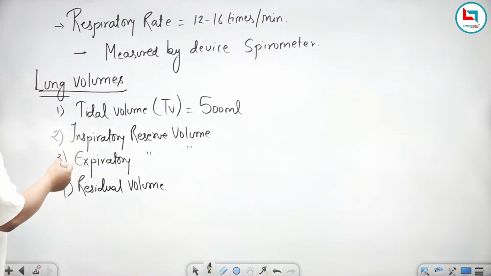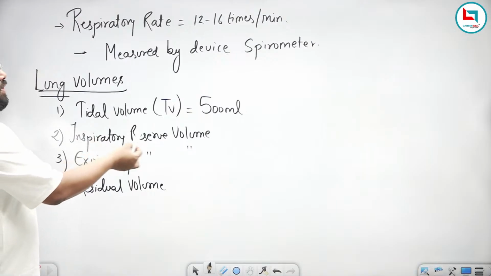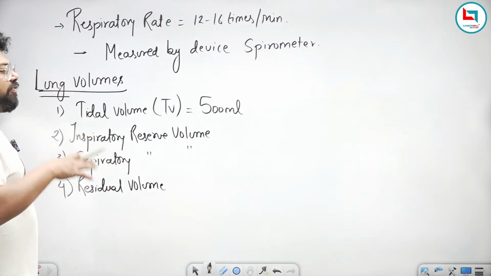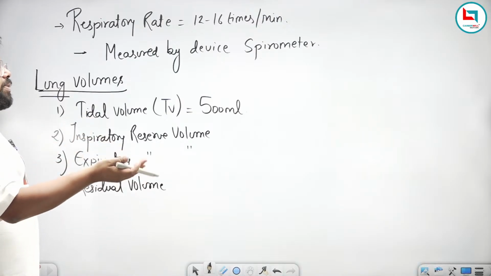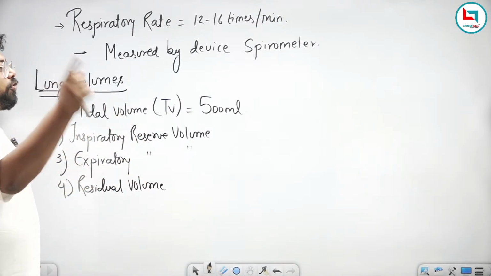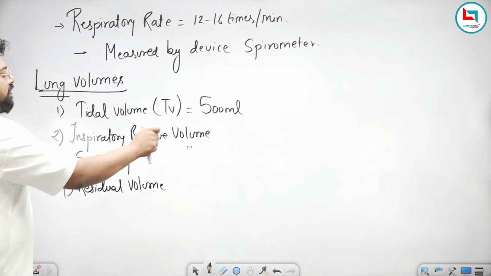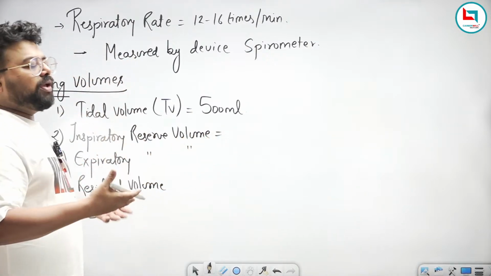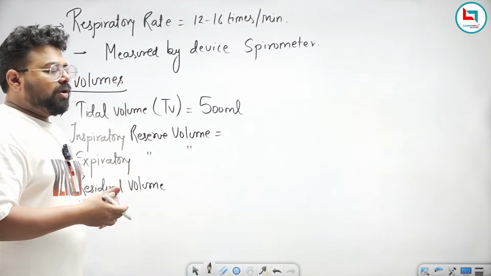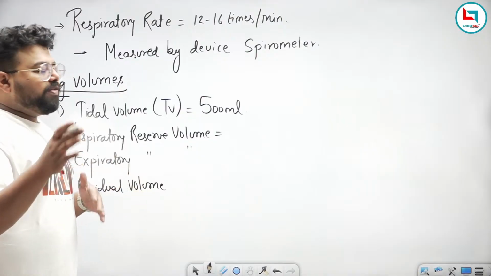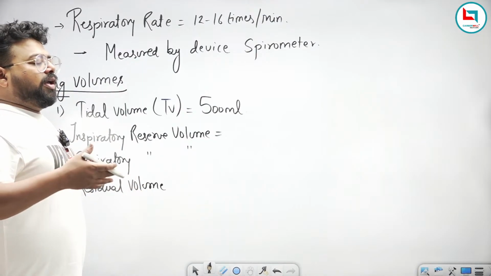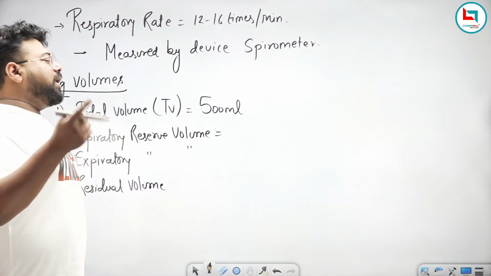Now, after quiet breathing or after a normal inhalation, the amount of air left which can be inhaled forcefully is known as inspiratory reserve volume. Means when I am doing a normal cycle of inhalation, after that I can inhale more air.